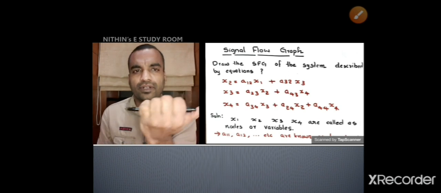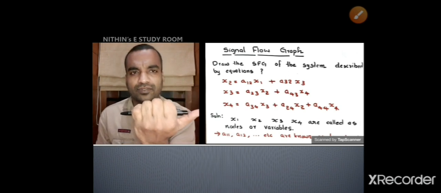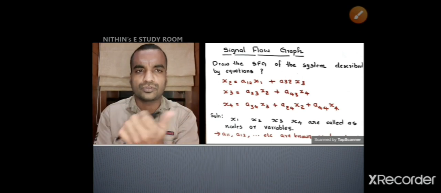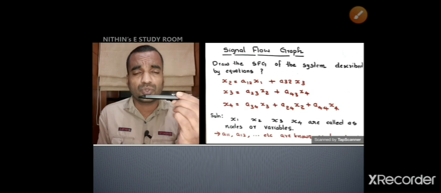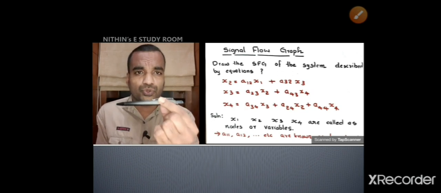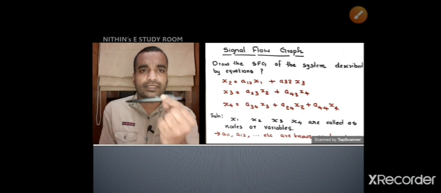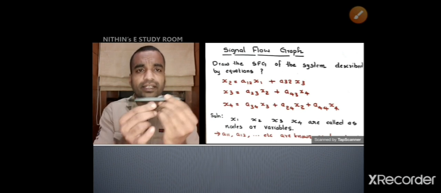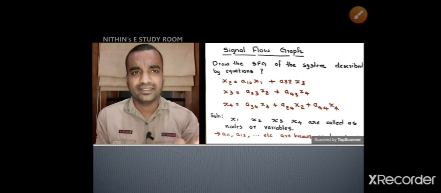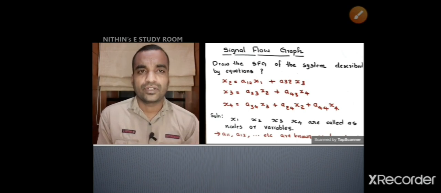If we vary the input x1, correspondingly x2 will also vary, and a12 may be the process gain, what the system is doing. So the system is converting input to some output response. That gain is denoted by a12.